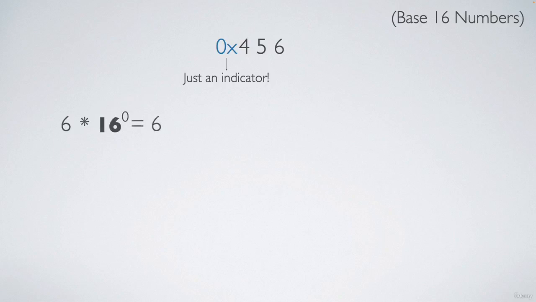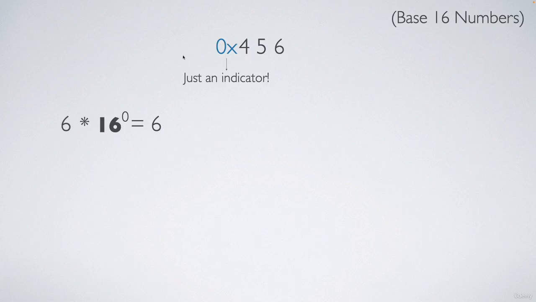In this case, it's 6, because any number to the power of 0 is 1, so 6 times 1 is 6. And the indexes that we use, again, in all these numeric systems, we say that the rightmost character, the rightmost number, gets index number 0, and if you move to the left side, by each number, you just add 1 to that index.